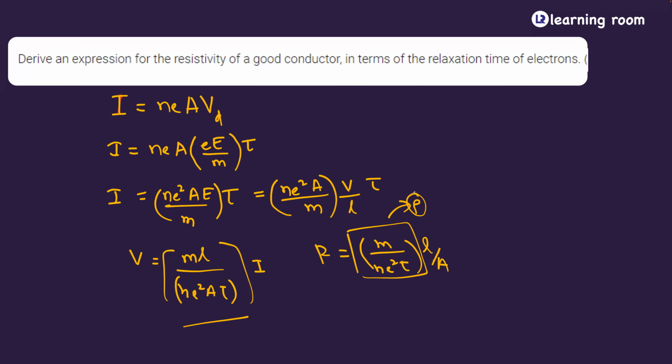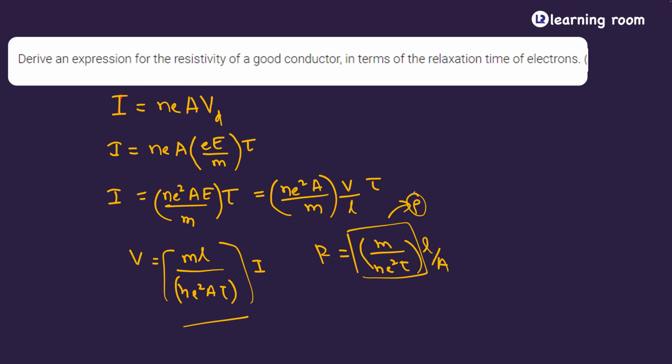V is equal to IR. That is how the derivation starts. They asked you to derive an expression for resistivity. You cannot directly write this thing and say resistivity is m divided by n e square tau.